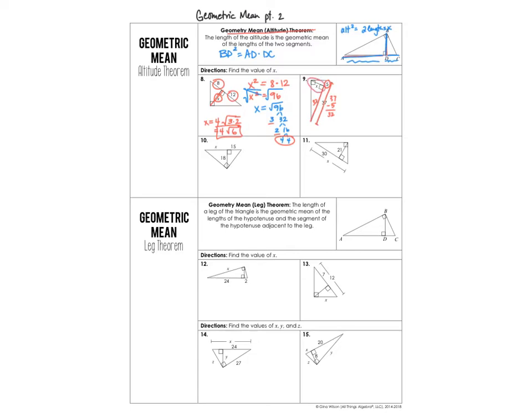Our altitude, which is x, we're going to do altitude squared, so x squared equals our two smaller pieces, so 5 times 32 multiplied together. Okay, 32 times 5 is 160, so x squared equals 160. Okay, now to get that x by itself, we take the square root, which is going to cancel that squared, so x equals the square root of 160.